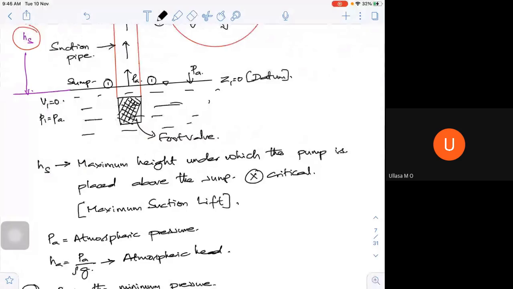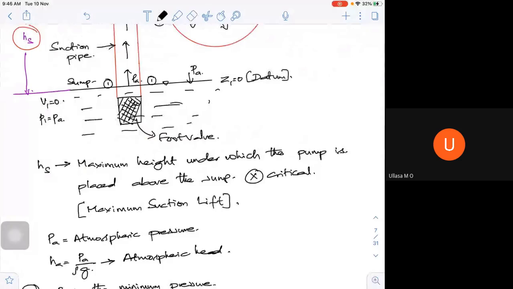Now, the fluid at section 1 is stationary, so V1 becomes zero, and P1 is equal to atmospheric pressure.